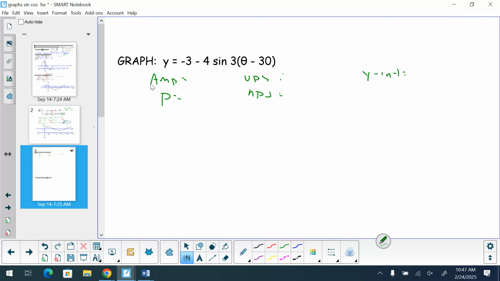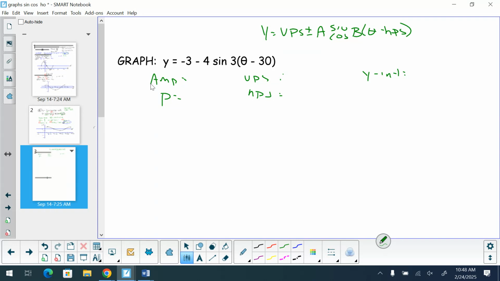Find your amplitude, period, vertical and horizontal phase shift, and y-intercept. Check those answers with somebody around you.